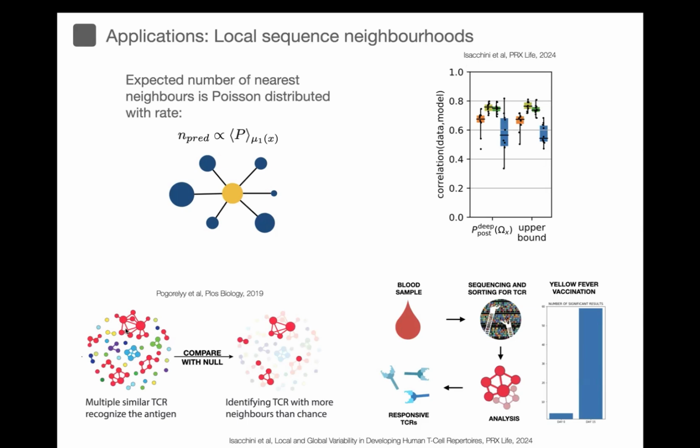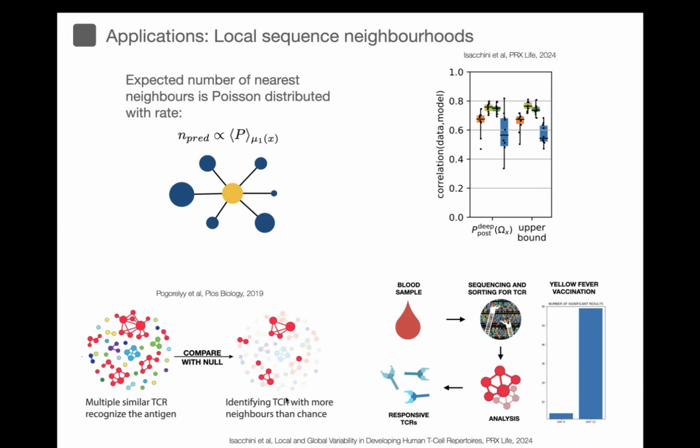So if you're able to predict these local sequence clusters very well, then you can really compare what is there as expected and what is not. By doing that, you can extract those really weird TCRs that are much more present than they should be, and associated with the antigenic challenge, for example in response to vaccination.